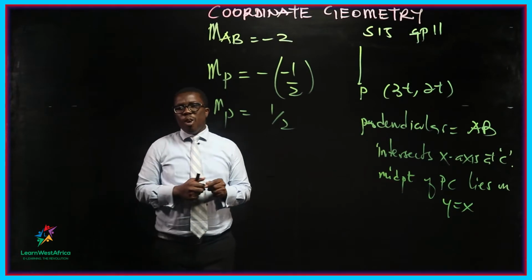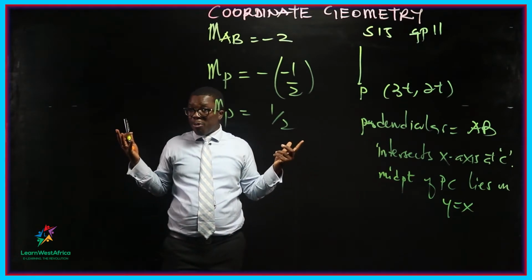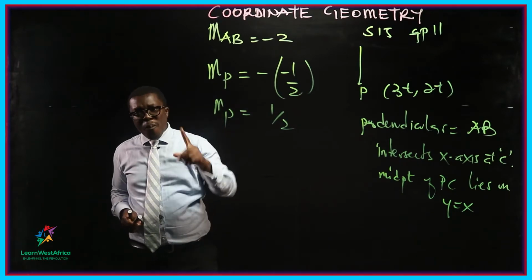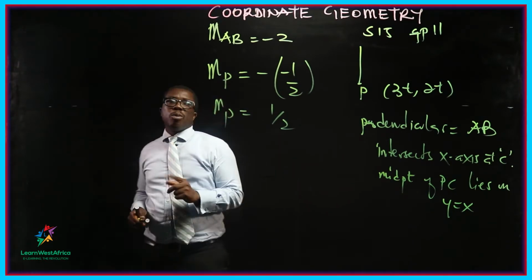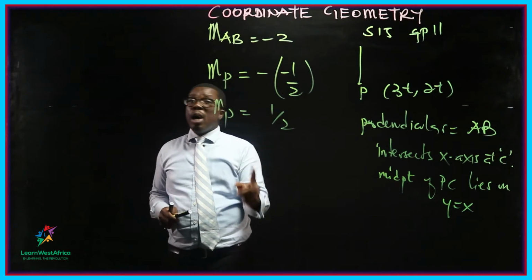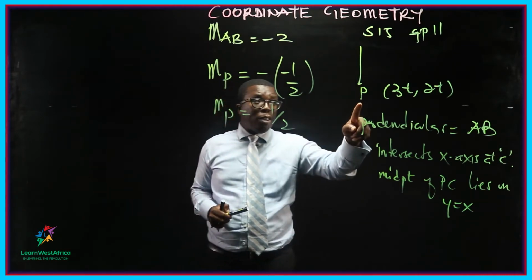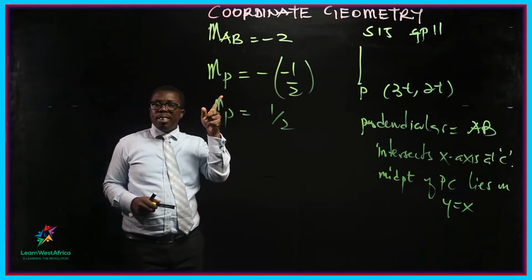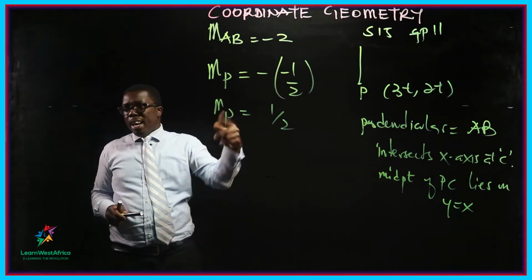So what is the equation of that perpendicular? One-point formula. Remember, anytime you want an equation of a line, look out for just one point and the gradient, which we have found. We found the gradient to be half, and we know that the perpendicular goes through the point P, (3t, 2t). So we pick the one-point formula and use it to find the equation.